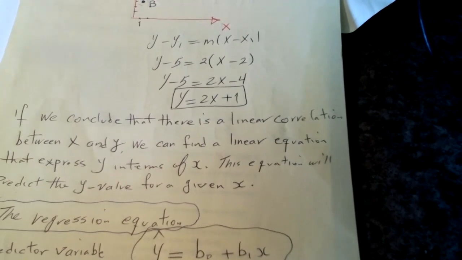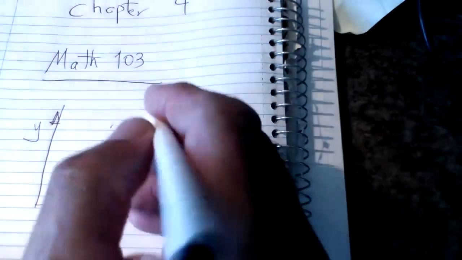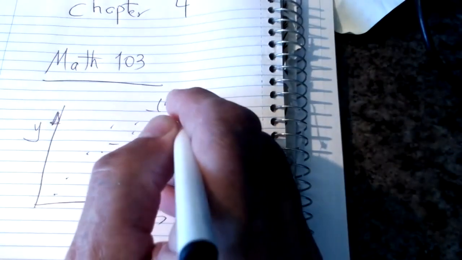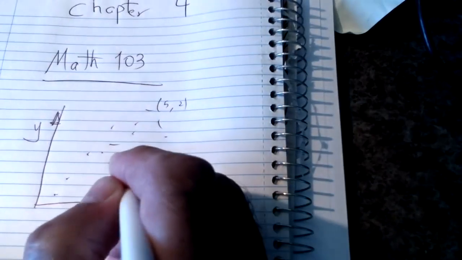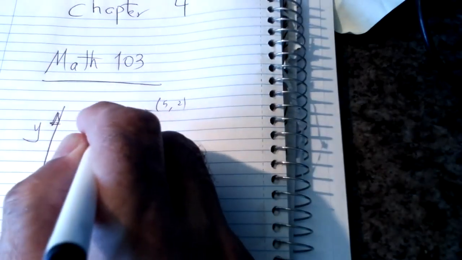And to find that, you need to have a bunch of points. So on the x and y axis, if we give you some points, they all have values. Let's say 5, 2, 3, 1, and 4, 3.